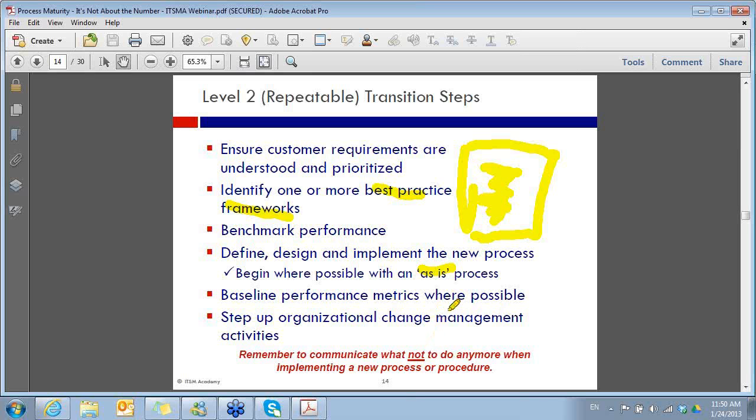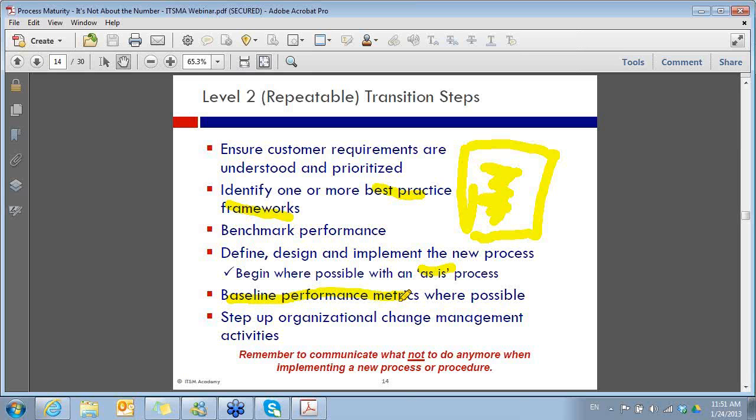At this stage of maturity, we also want to be stepping up and really making sure that we've got those organizational change management activities. We're constantly communicating what we're doing, and also that we're baselining any performance metrics that we possibly can. Here is the really critical thing. In order to show an ROI on your process improvement activities, you have to have what your starting point was.